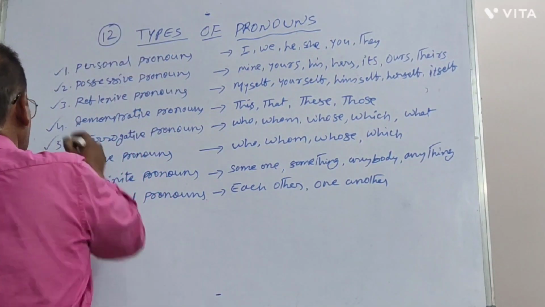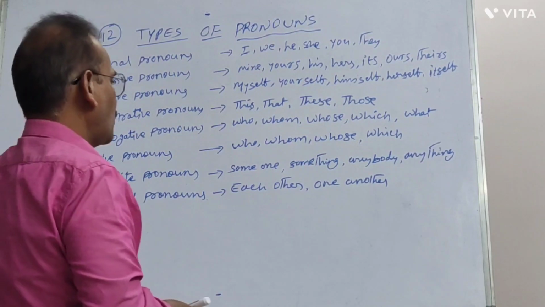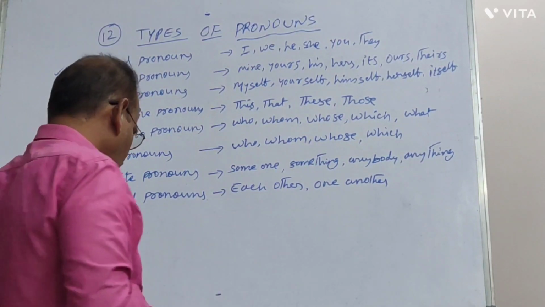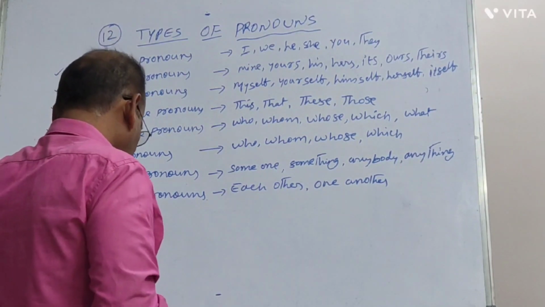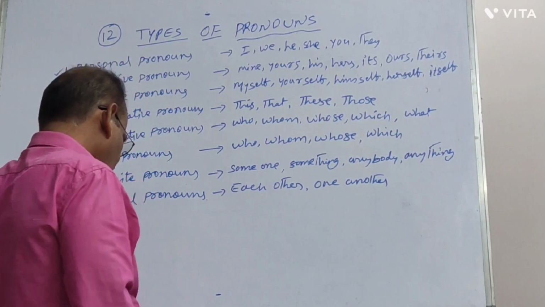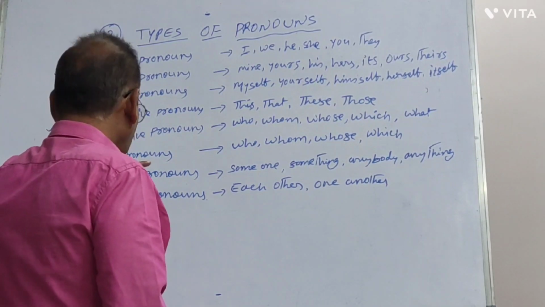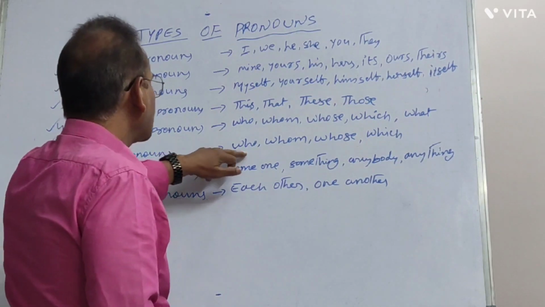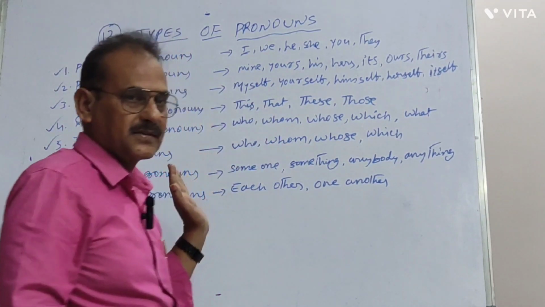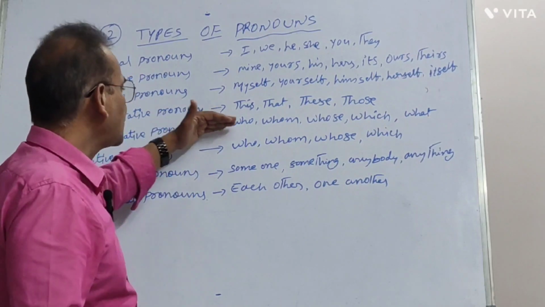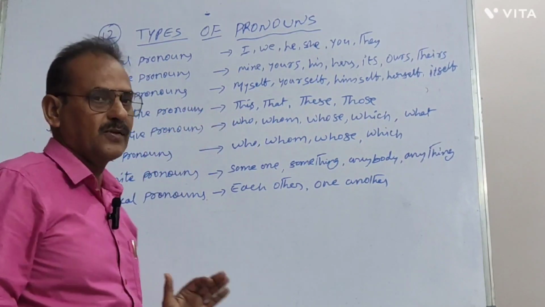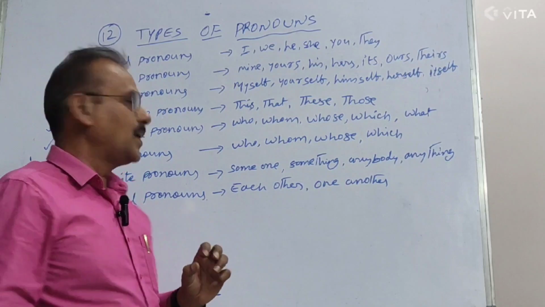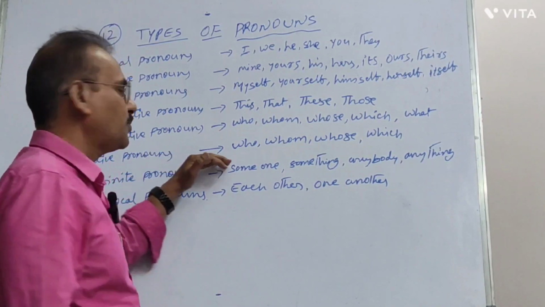So the next one is relative pronoun. A relative pronoun connects one part of a sentence to another part of the sentence which is related to it. Whatever we use in the above interrogative pronouns, sometimes they may come under these relative pronouns.